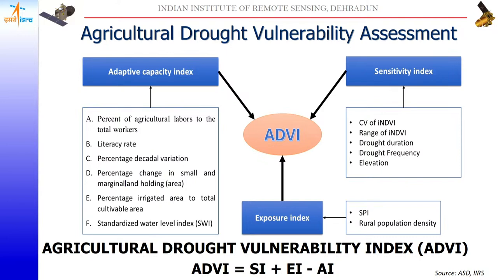Similarly, in the exposure index, we integrated the SPI, which is based on rainfall data sets, and the population density. And very important in this study, which I want to emphasize, is the adaptive capacity index, which is mainly derived from socio-economic data sets, as listed here: percent of agricultural labor to the total workers, literacy rate, percentage decadal variation from 2001 to 2011 based on census data sets, percentage change in small and marginal land holding area, percentage irrigated area to total cultivable area, and standardized water level index.